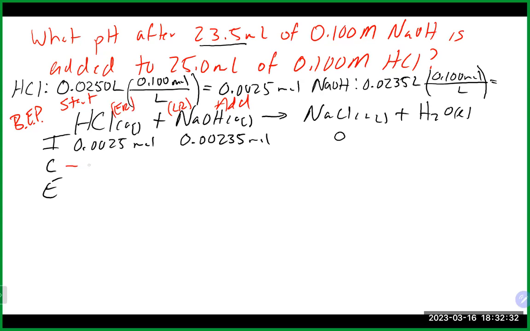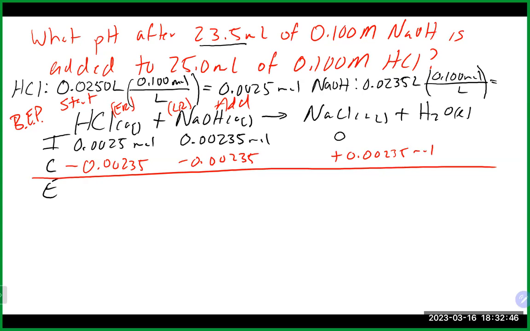So that's going to be minus 0.00235, minus 0.00235, and a plus 0.00235 moles. That is then going to get us 0.0025 minus 0.00235, which gets us 0.00015 moles of this, nothing of this.